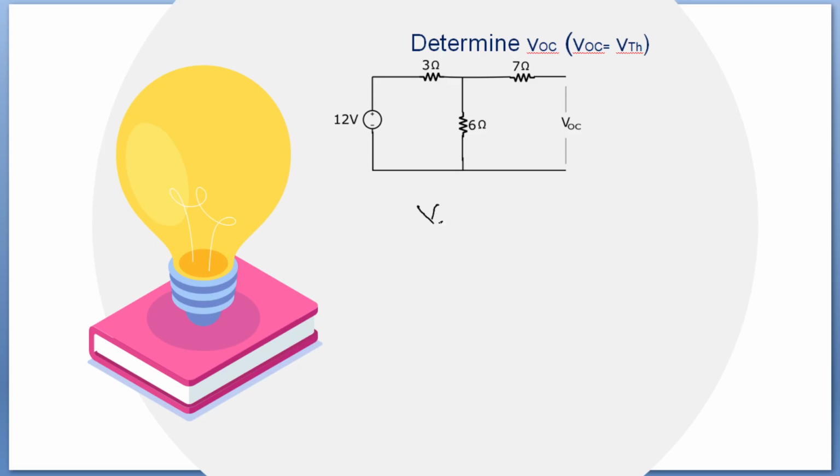So the open circuit voltage VOC is equal to, see now, there is no current flowing through the 7 ohm resistor. Why?